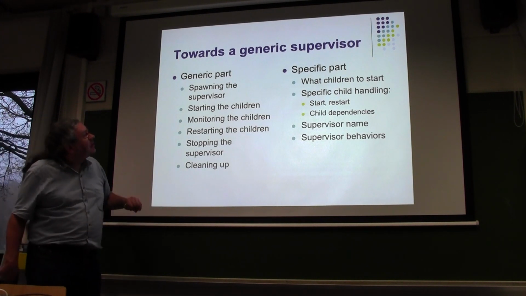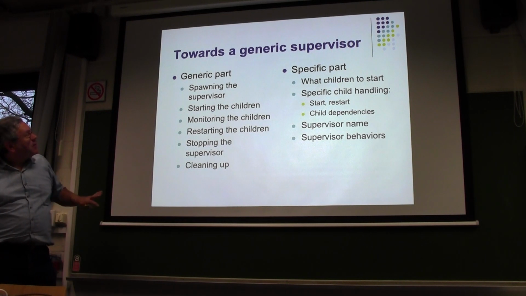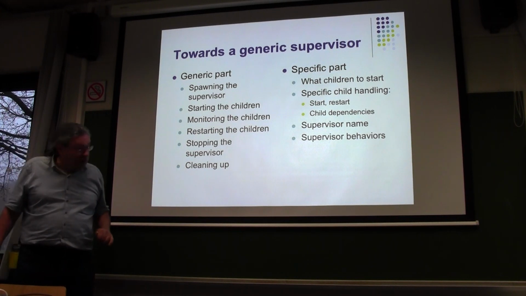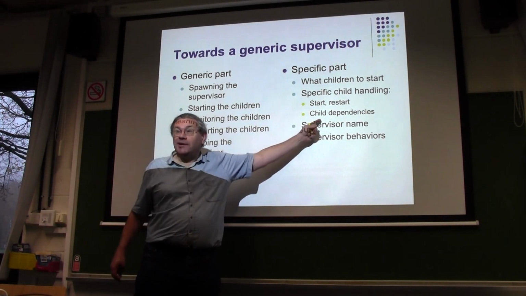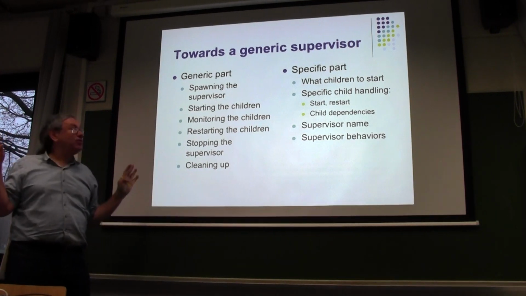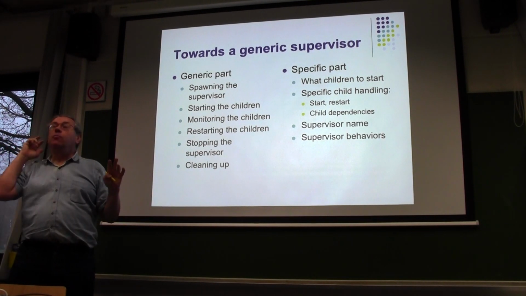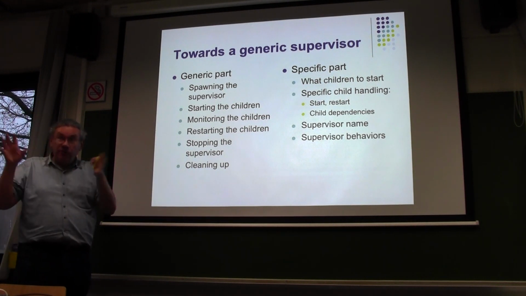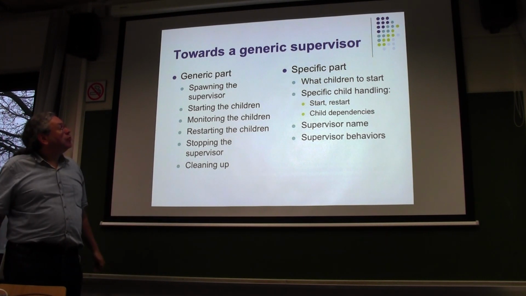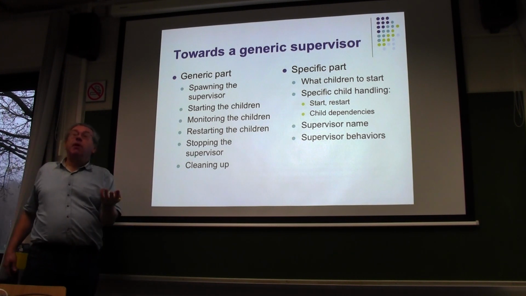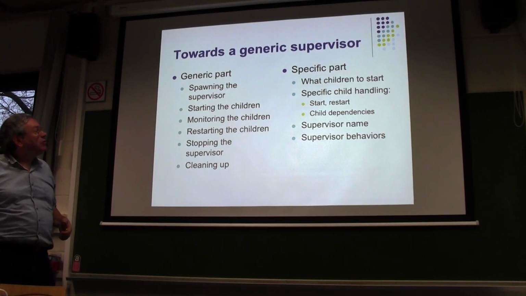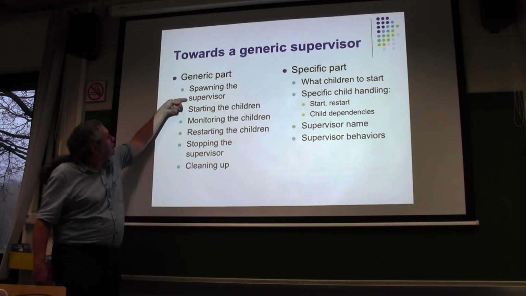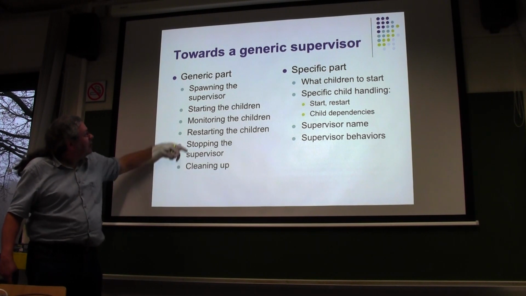So just to summarize a little bit, what I showed you is the generic part. I didn't actually show you what the children are doing, the code inside the children. But in the book by Cesarini and Vinoski, they give examples of what the children could be doing. It might be doing the frequency allocation, okay? So you spawn the supervisor in the generic part, you start children, you monitor, restart, clean up.